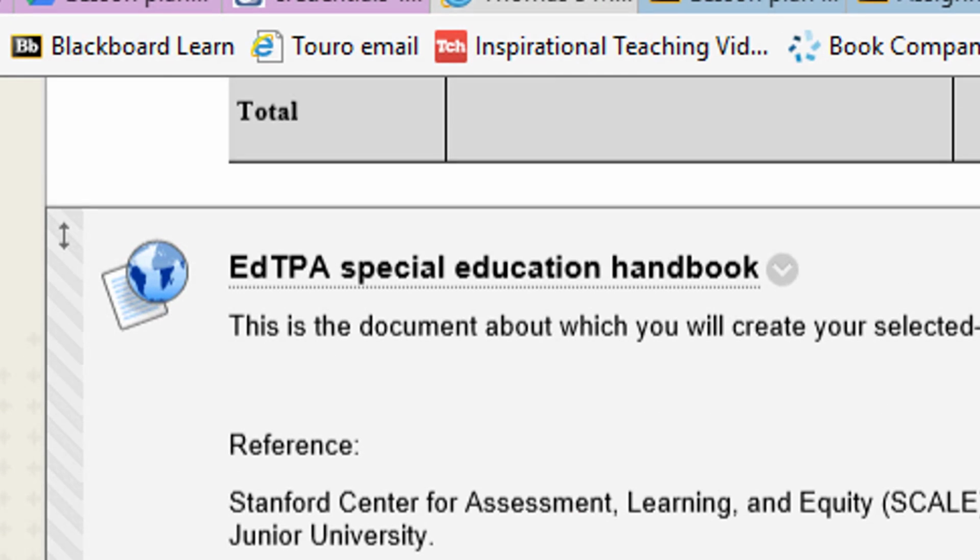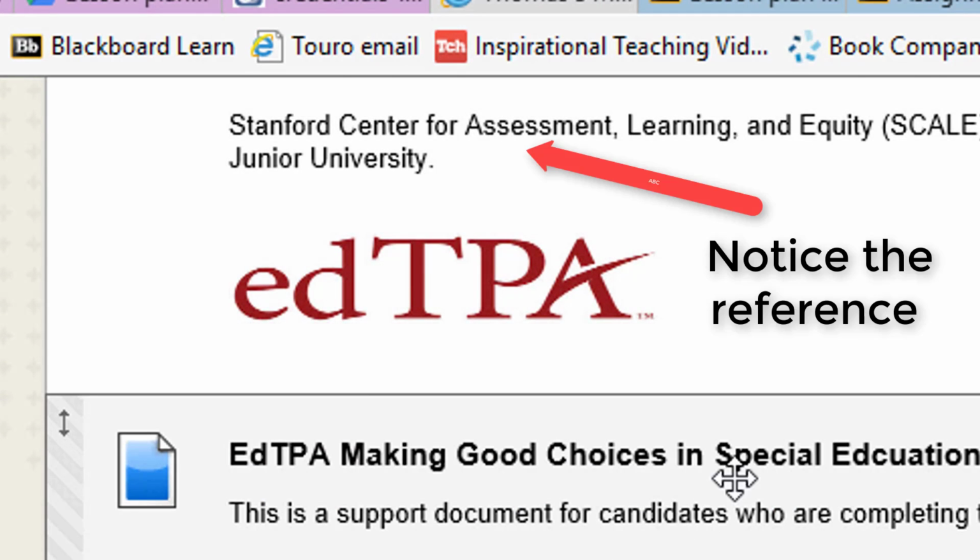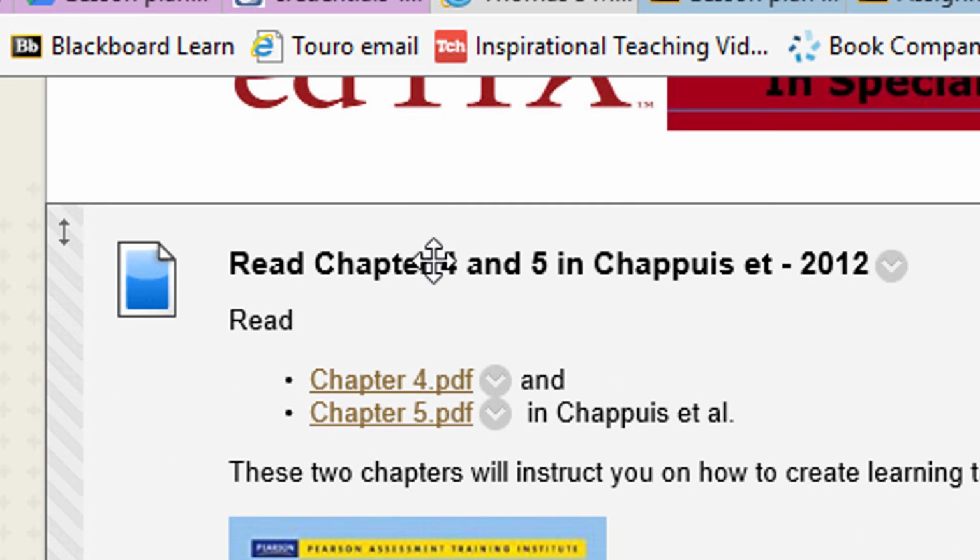Here's the EdTPA Special Ed Handbook, EdTPA Making Good Choices, and Chapters 4 and 5 in Chappuis et al. These are 2 chapters that you should read about creating selected response tests. Chapter 5 in particular gives you the specifics of each type of question. You know, what you need to know and do for a multiple choice question, a fill in the blank question, a matching question, and a true-false question.